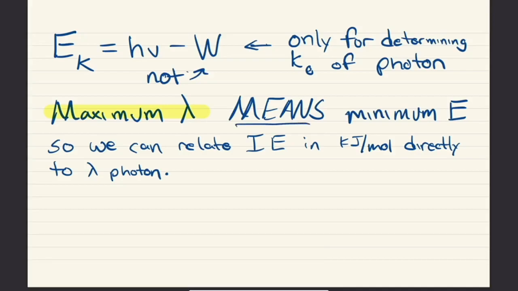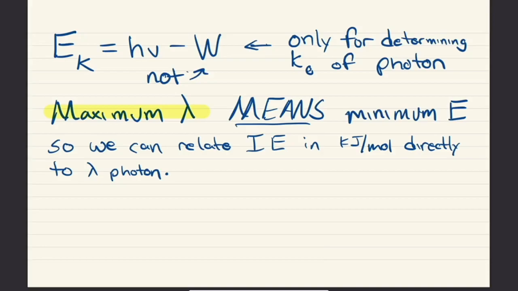So the minimum energy is the energy that is equal to the ionization energy, but not in the units of kilojoules per mole. We need to turn this energy into kilojoules, very similarly as we saw in a previous example.